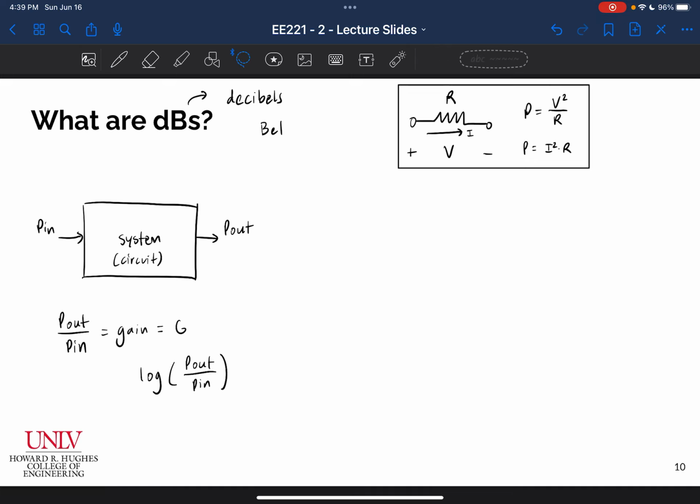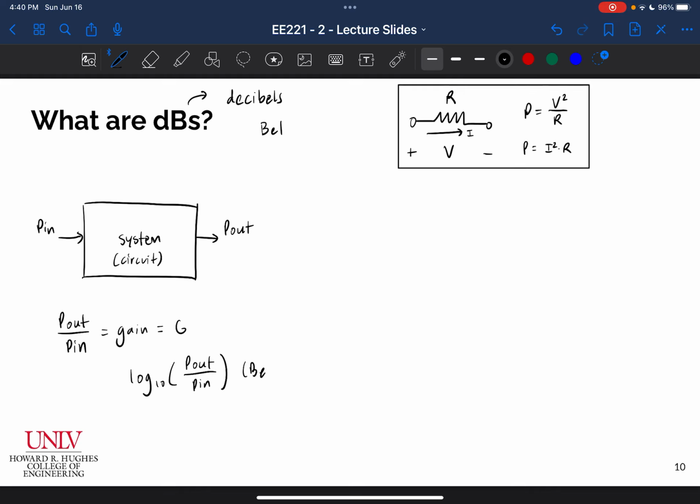Again, this is base 10. I'm not going to write base 10 every time, but from now on, just assume that if I write log, it is base 10.